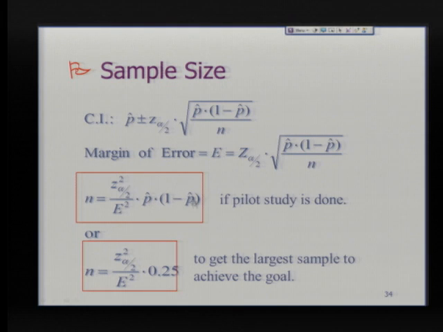Right? This expression is maximized when P hat is 0.5. Okay, so 0.5 times 0.5, you get 0.25. So you can use this formula too, if in case you don't have any prior knowledge about proportion. Okay, so you have these formula to help you to figure out sample size before you actually go out and get the data, right? To do margin of error, to do confidence interval.